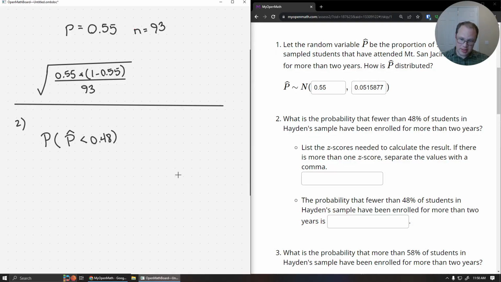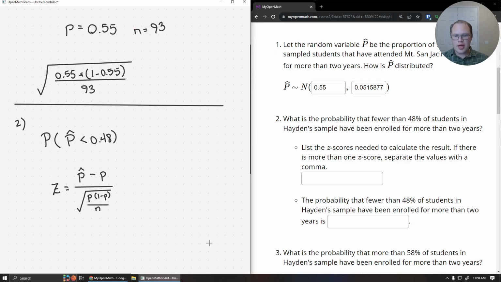Okay, let's find the z-score. The z-score is going to be our particular value that we're interested in minus the mean of the distribution, which for this sampling distribution is the population proportion, over the standard deviation, the standard error. So p times 1 minus p over n, all under a square root.